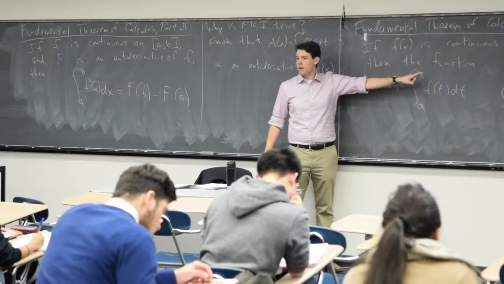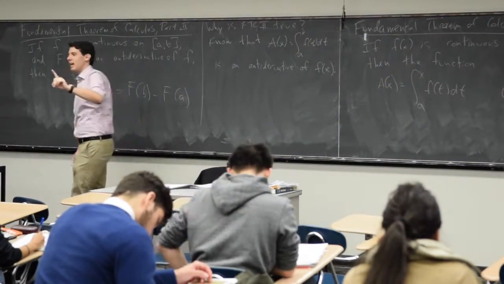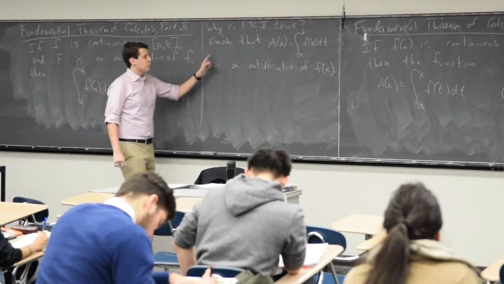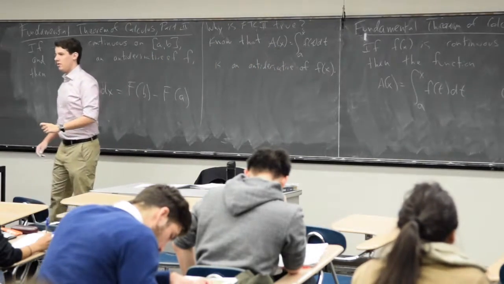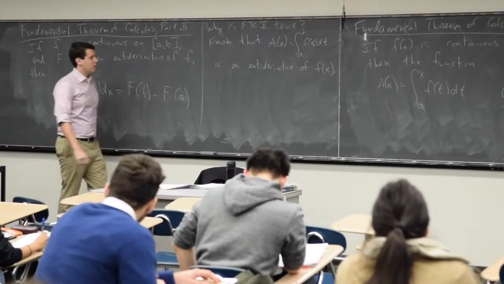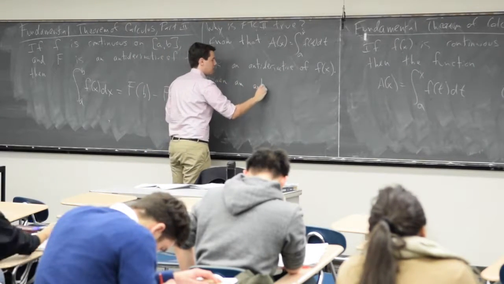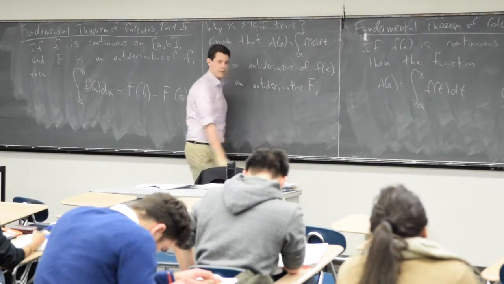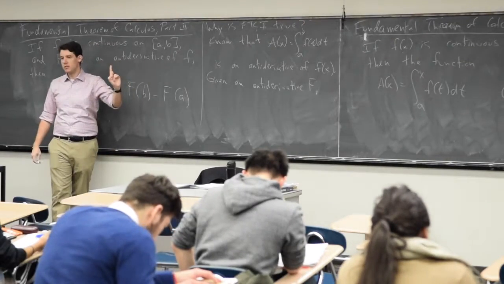Fundamental Theorem of Calculus Part 1 says that if we have some function little f, the area function is an antiderivative of little f. So we know that this function A is an antiderivative of little f. So now suppose we have some antiderivative big F. Given an antiderivative big F, we know that big F and A have to differ by a constant.